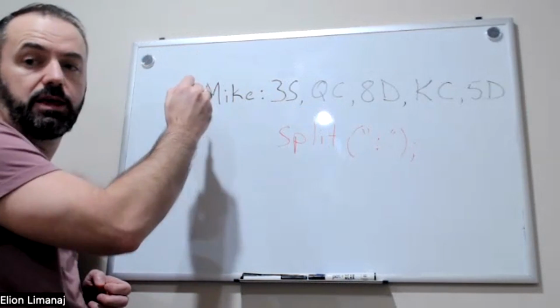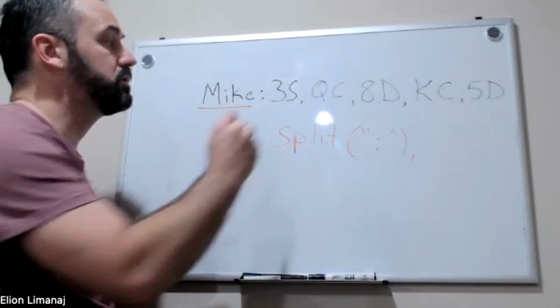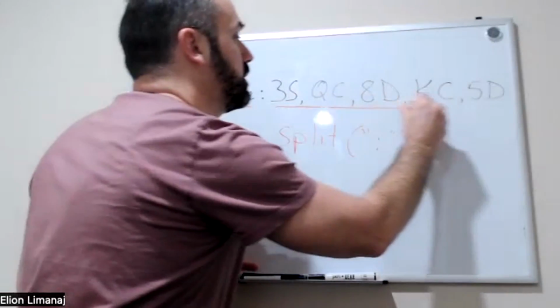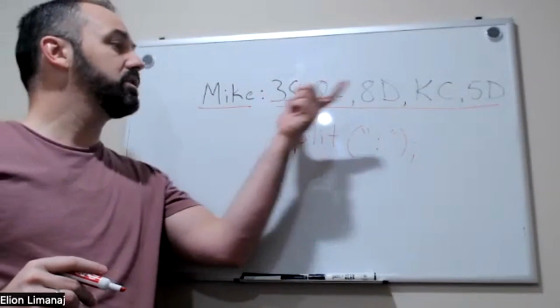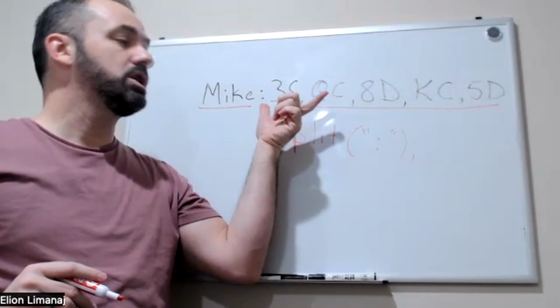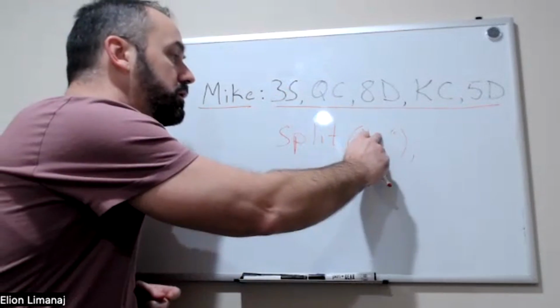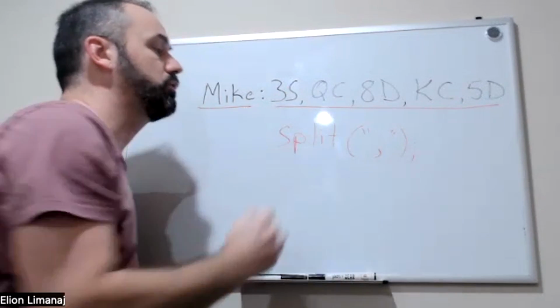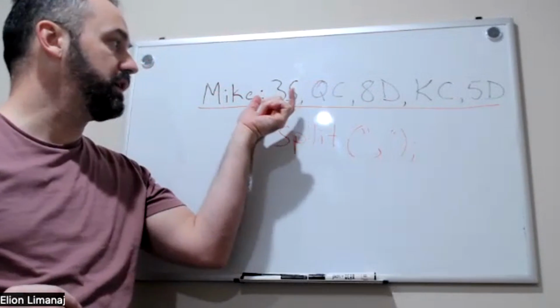One is the name, this is the first part. And then the second part is the rest, from here to here, which are the cards. So that's what we're going to do. After we get the cards, we're going to split this string by using the comma, which means it will give me 5 cards one by one, 2 letters for each card.